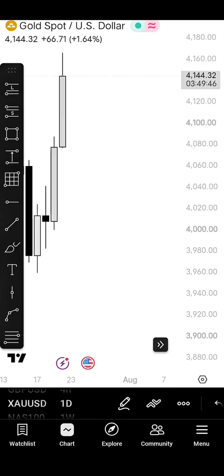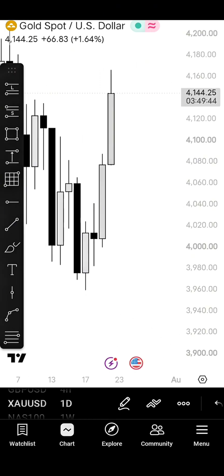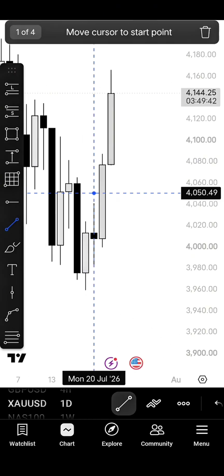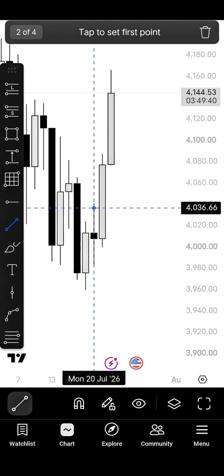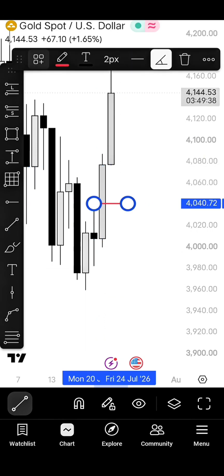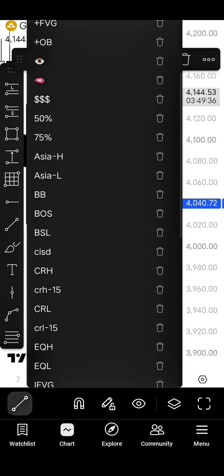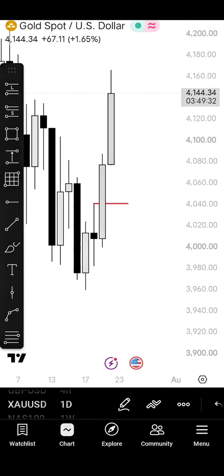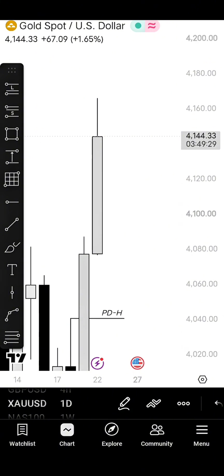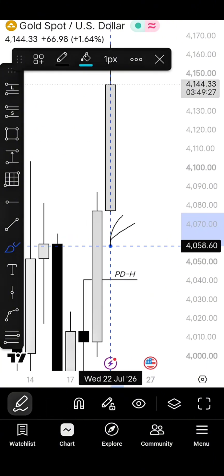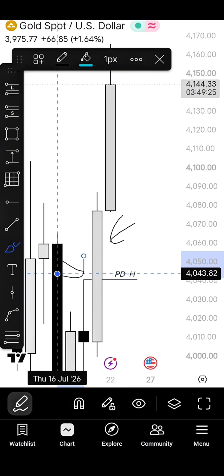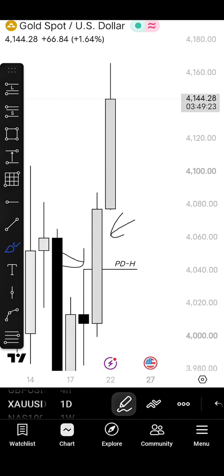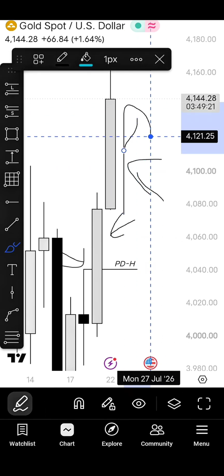You can see, bro, so small. Let's see here. For example, this candle closes above this high, the previous day high, PDH. And so now this candle closes above this candle high. So now your bias on this day will be bullish.